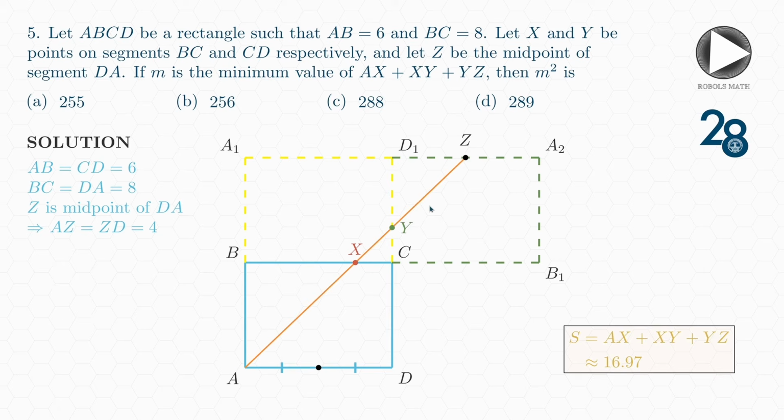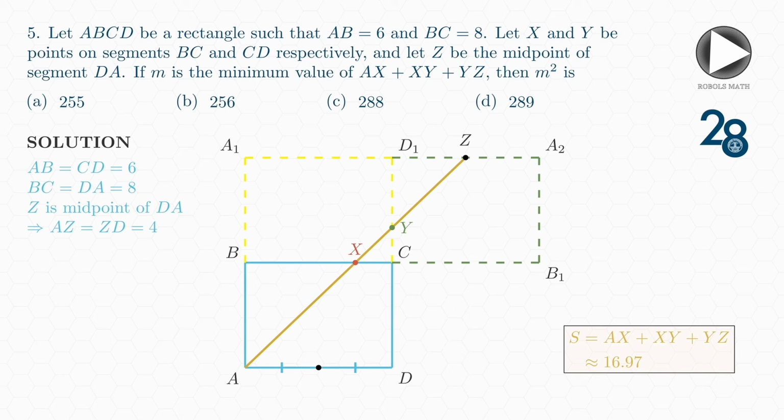AX, XY, and YZ are part of the same line, which makes sense because the shortest distance from A to Z should always be the line connecting A and Z. The other configurations just make the length longer because you're making a detour, right? I hope that's clear. So the shortest distance is this gold segment here, A to Z, right? Right.